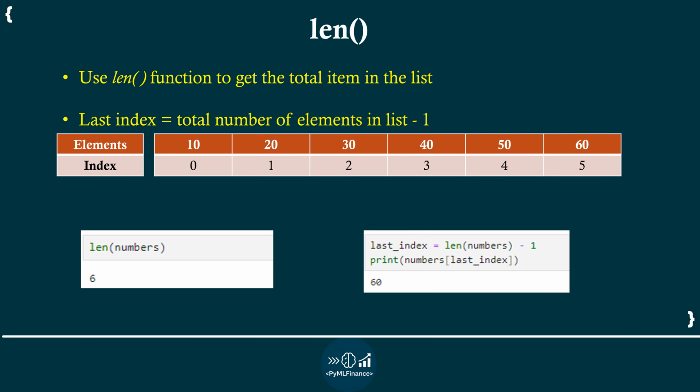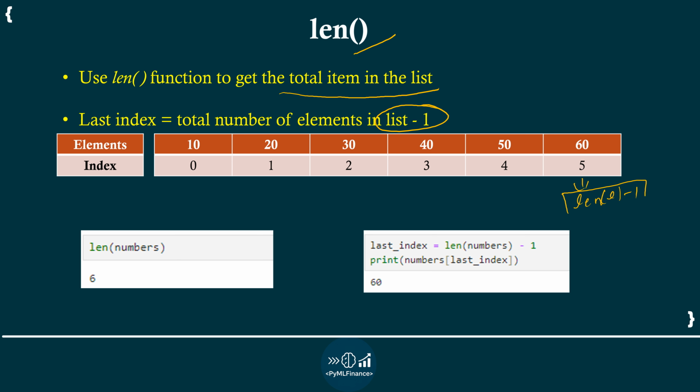Now let's say you want to get the total number of items in the list, you can simply use the len function of Python to get the total number of items in the list. The last index is always equal to the total number of elements in the list minus 1. So the last index of the list is given as the length of whatever list is given, minus 1.